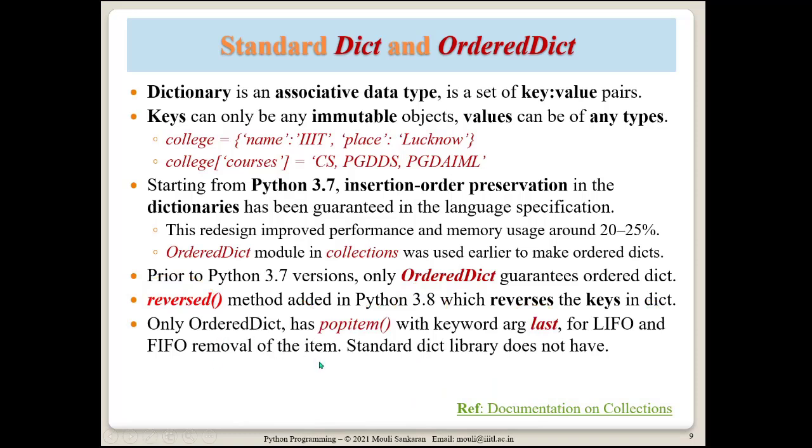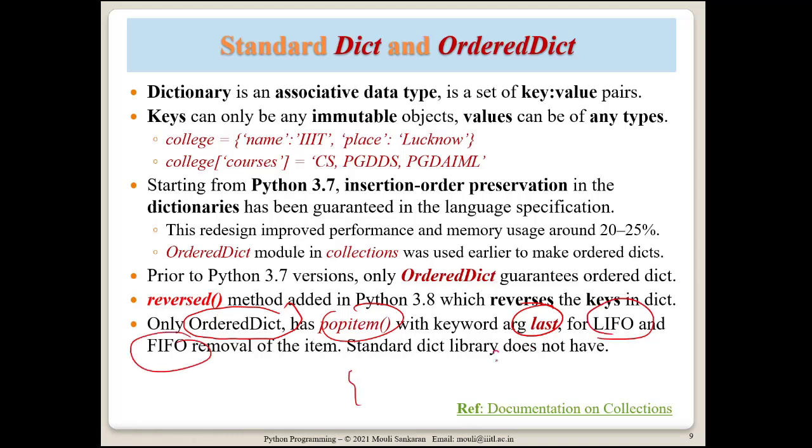The ordered dictionary, which existed prior to dictionaries becoming ordered, had some functions, like popitem with a keyword last. You can mention whether you are looking for the last item added or the first from the dictionary.